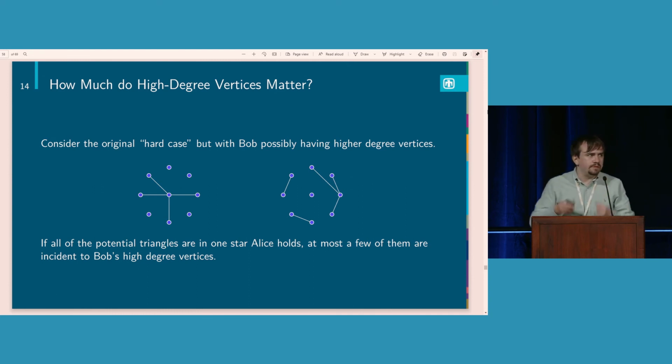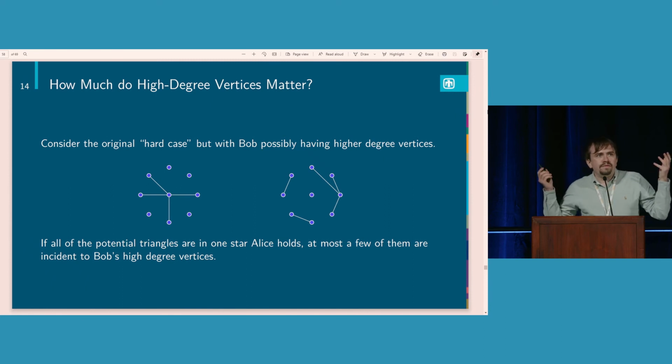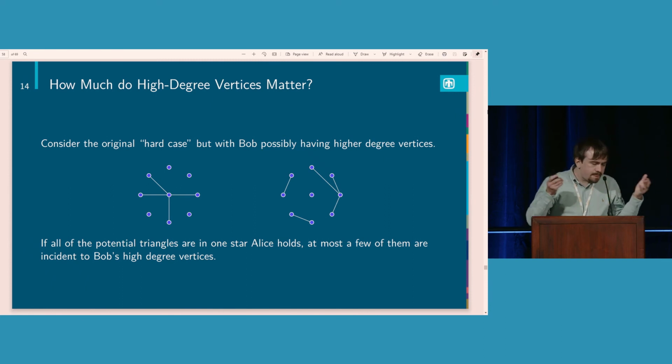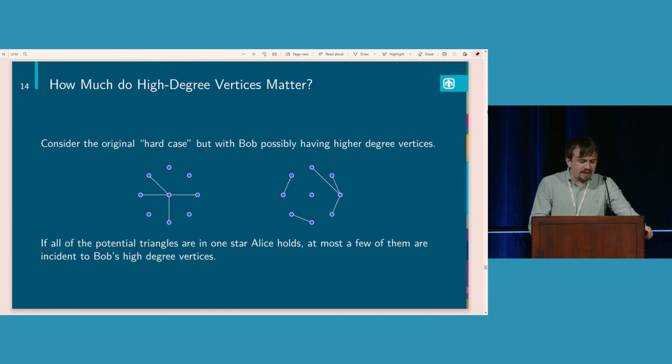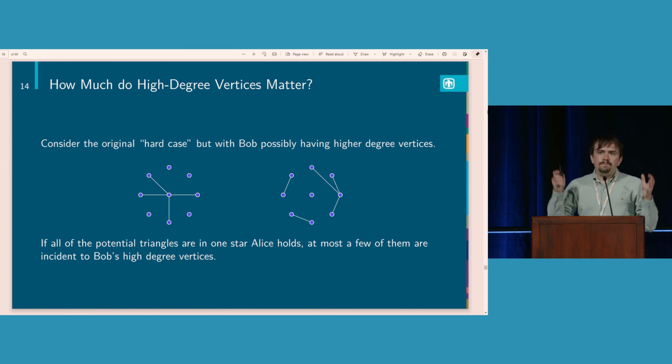So in particular, Bob could afford to just throw away all vertices with a degree at least 1 over epsilon and only do epsilon m damage to his estimate of the triangle count. So we're actually not in that much trouble when Alice's input looks like the classically hard case.